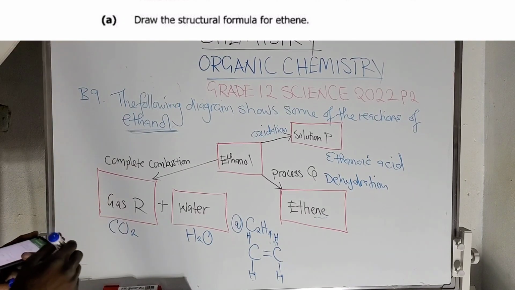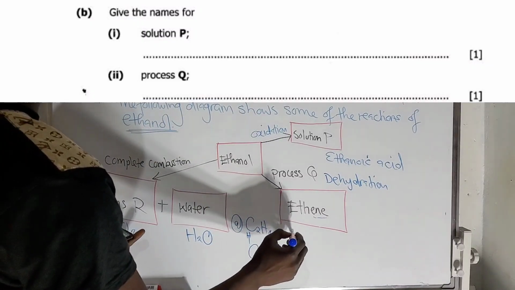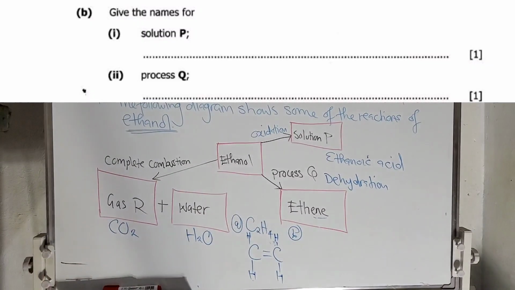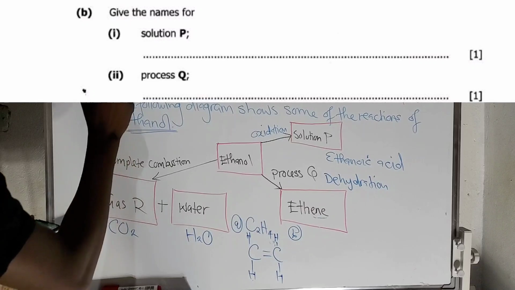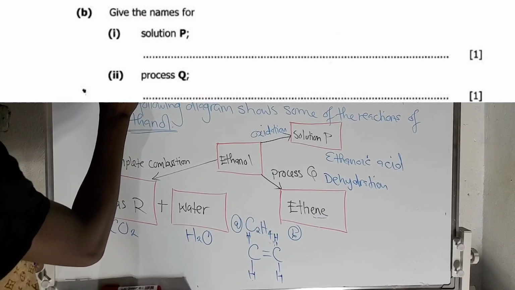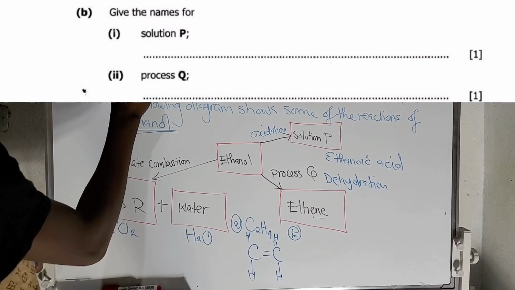Question B. I hope it's visible. If it is not visible, you can change the resolution of the video quality. I think all the videos on this channel are 1080p.